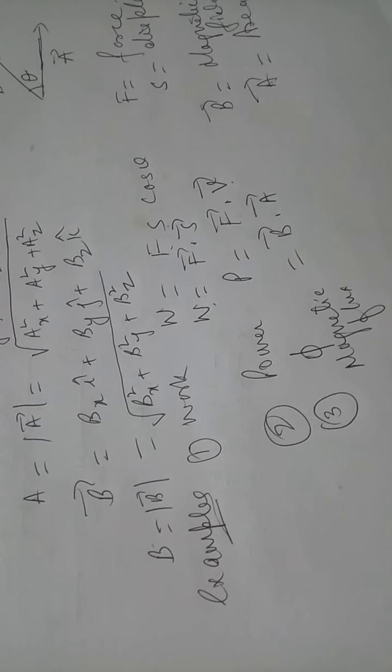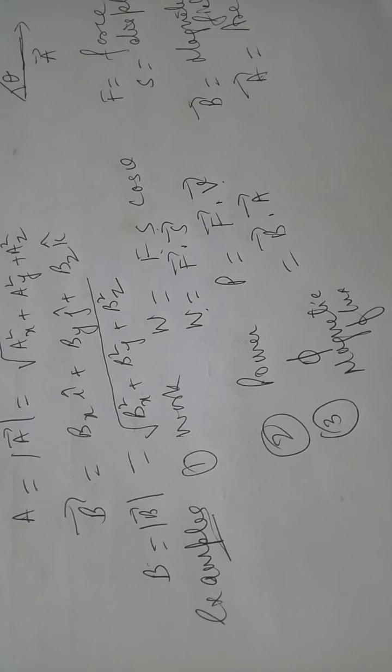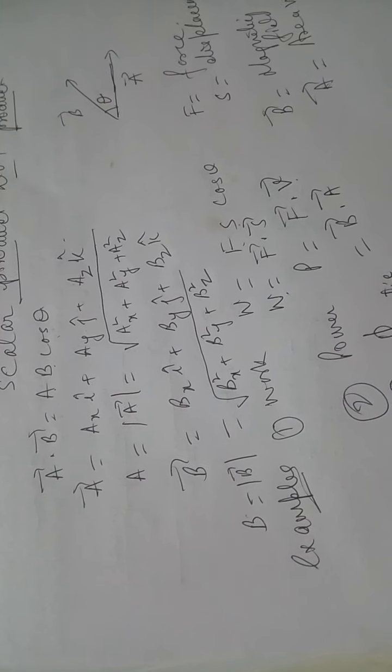So it simply shows that if we take two vector quantities and want to find the scalar part of it, then it is the dot product of two vector quantities. That is the reason we call it the scalar product or the dot product.